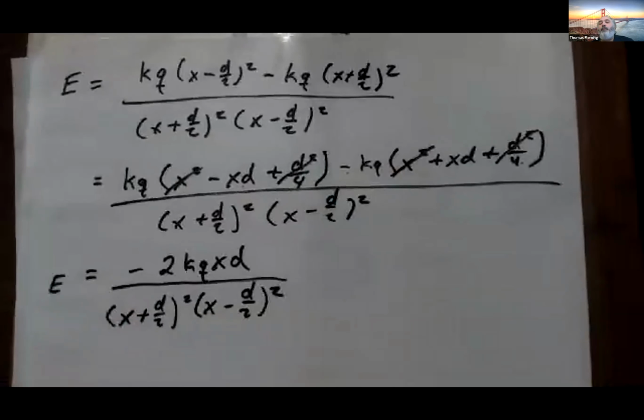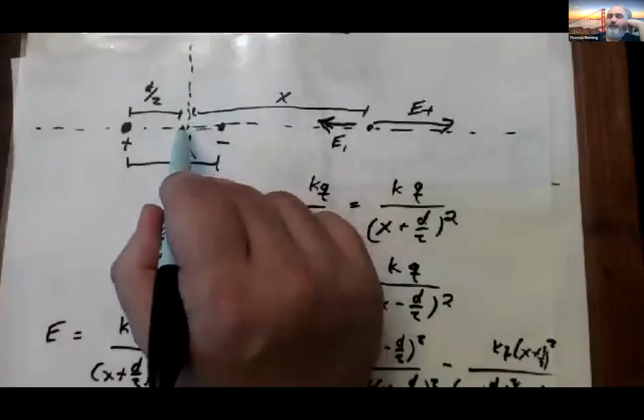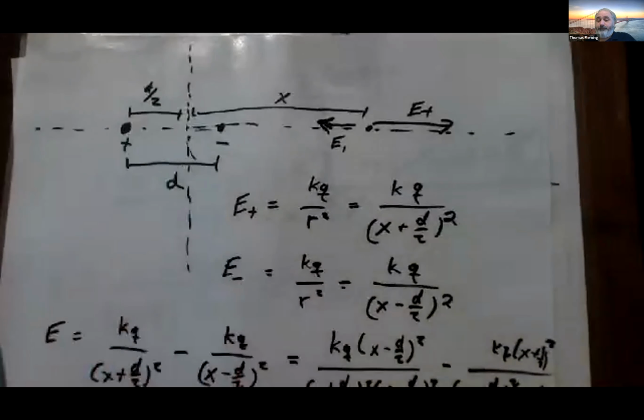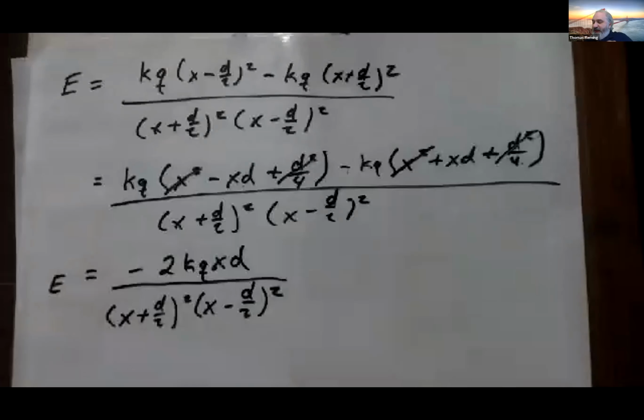But we're going to go one more step further. In a dipole, we usually have the distance x, the distance from the center of the dipole, be way, way bigger than the distance from one charge to the other. So when I have x plus d over 2, I've got a really big number plus a super tiny number. We're going to make an approximation.